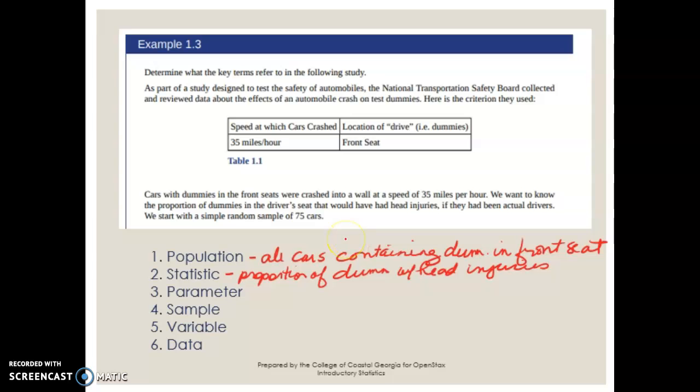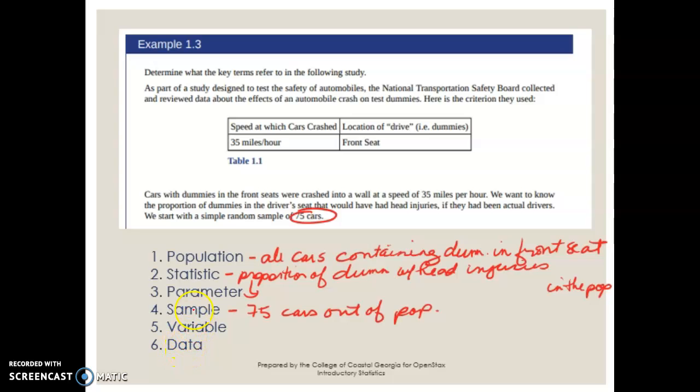Your parameter is the same thing in the population, the proportion of dummies with head injuries in the population. Okay, that's the same thing right there. Sample is the 75 cars, 75 cars out of the population. Okay.